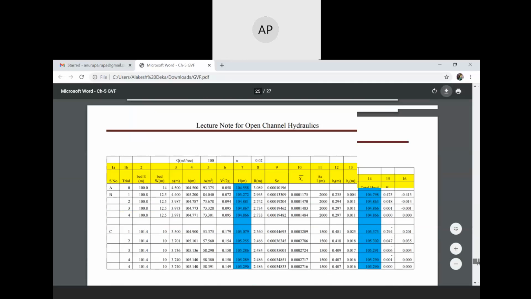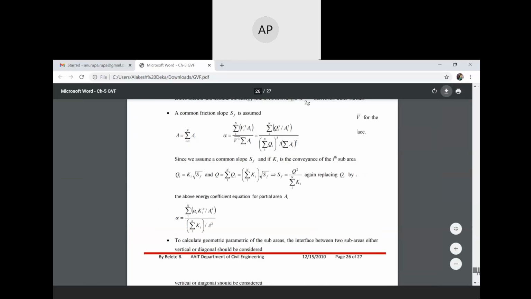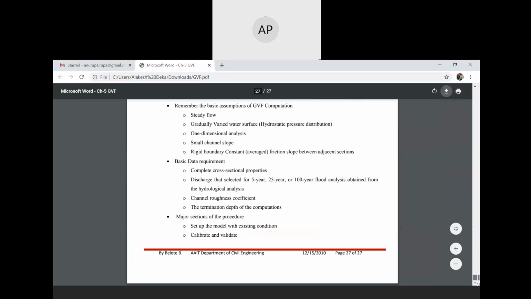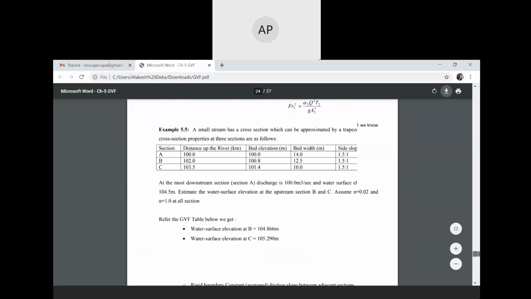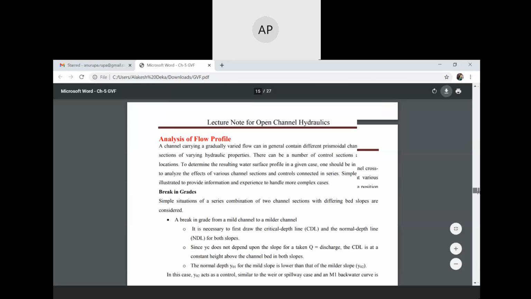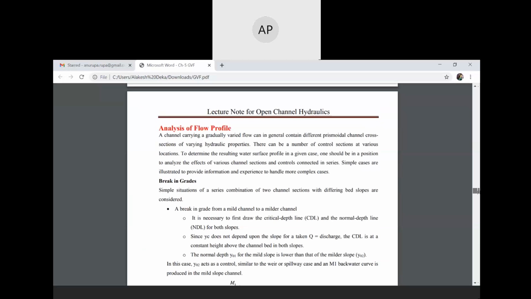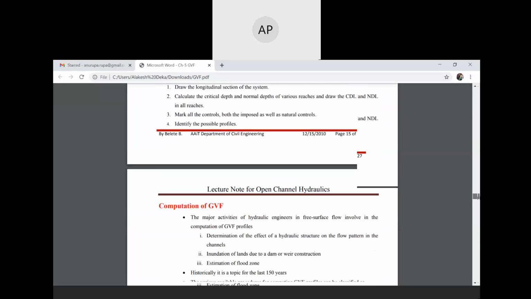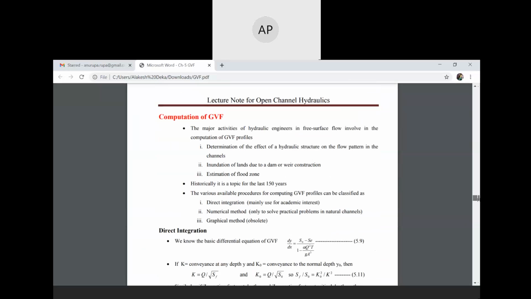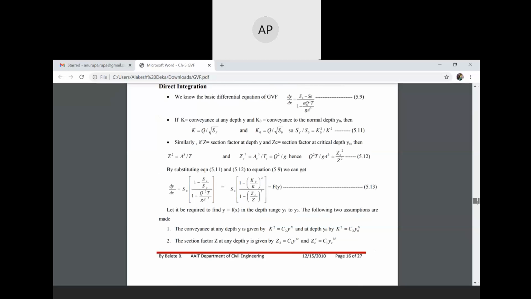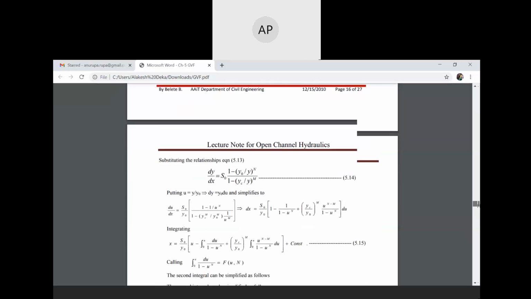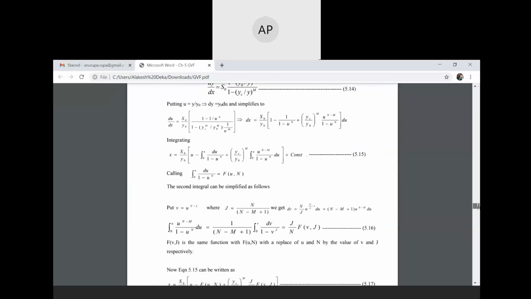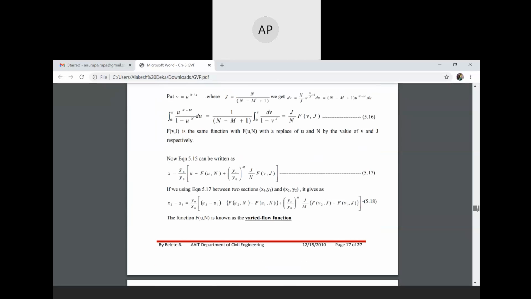Computation of GVF is given in a very regular manner.